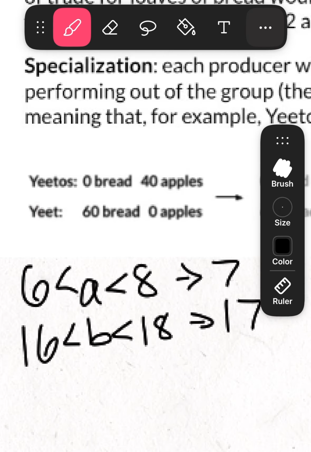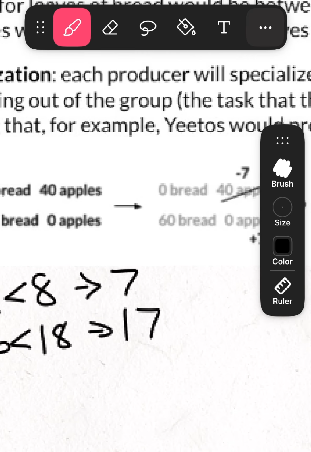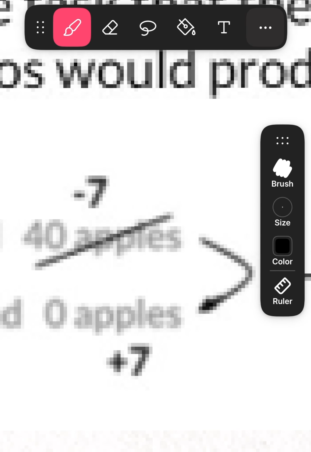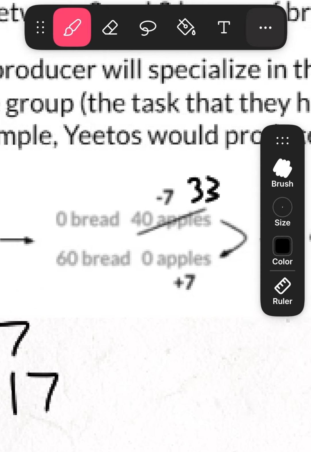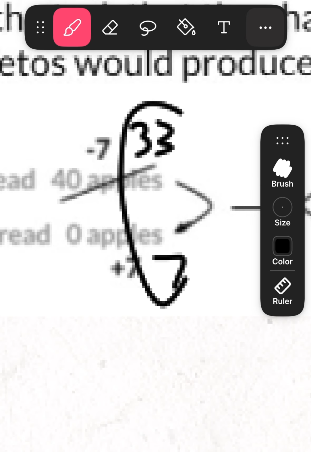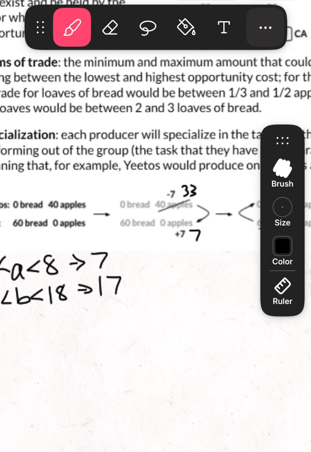So if Yitos has 0 bread and 40 apples, and he trades away 7, so he loses 7 apples, now he has 33. And Yeet gains 7, so now he has 7. That's what their final product is going to look like.